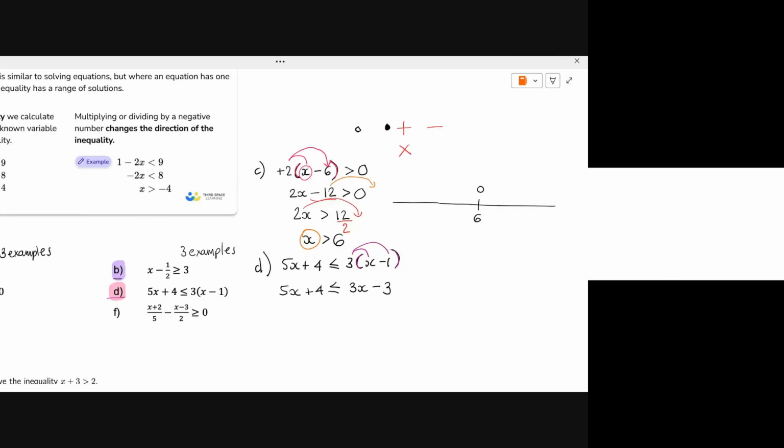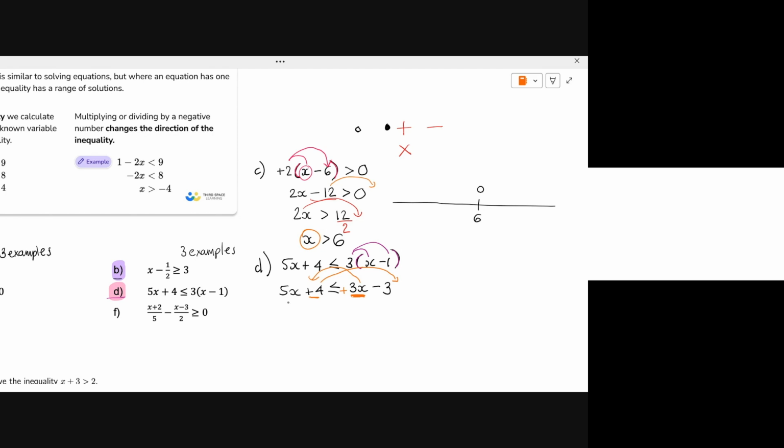So that means this 3x over here is on the wrong side. I now need to take that 3x over to the other side. But because it's a positive 3x on this side, when it goes over to the other side, it becomes a -3x. And the positive 4 is also on the wrong side. So I need to take it over to the other side, which means when it goes over to that side, it's going to become a -4.